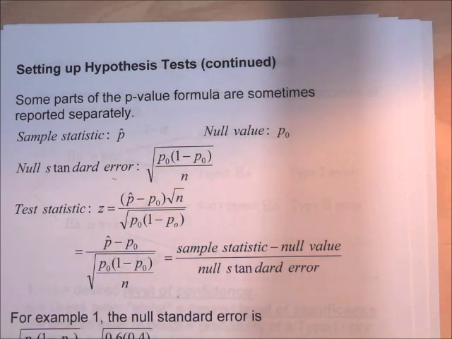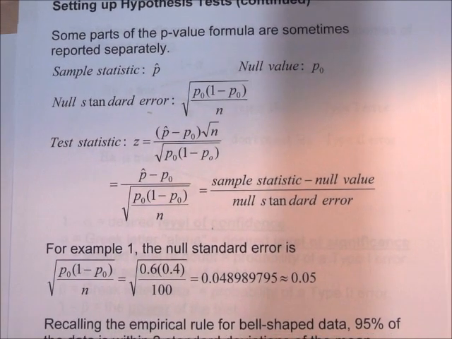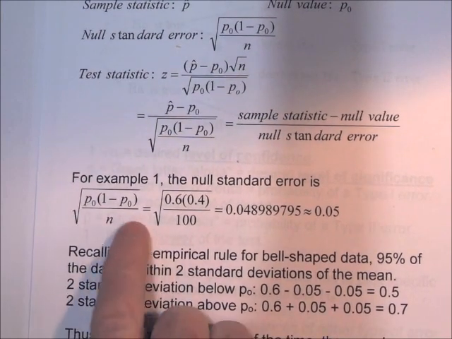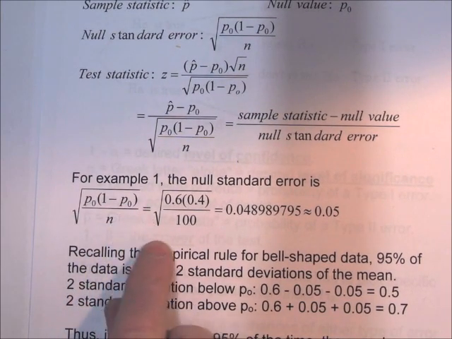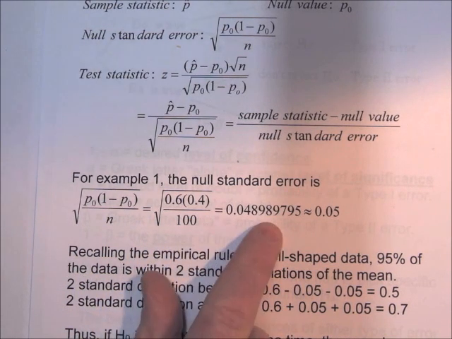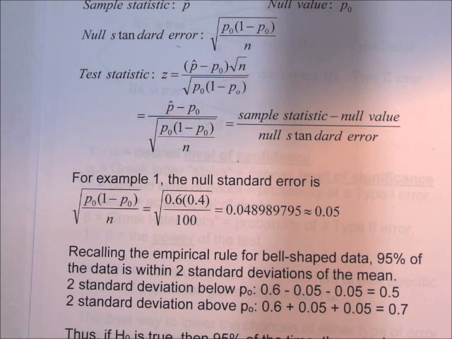And for this problem, if they want you to report the null standard error separately, it's the square root of p0 times 1 minus p0 over n, the square root of 0.6 times 0.4 over 100, which is 0.0489 something, approximately 0.05. If you recall the empirical rule for bell-shaped data, 95% of the data is within 2 standard deviations of the mean.